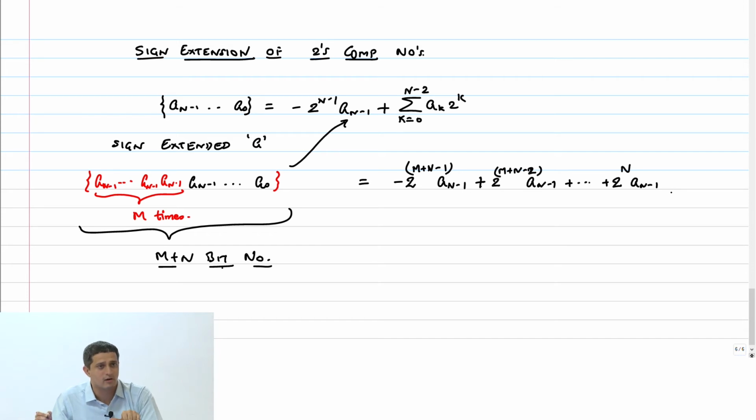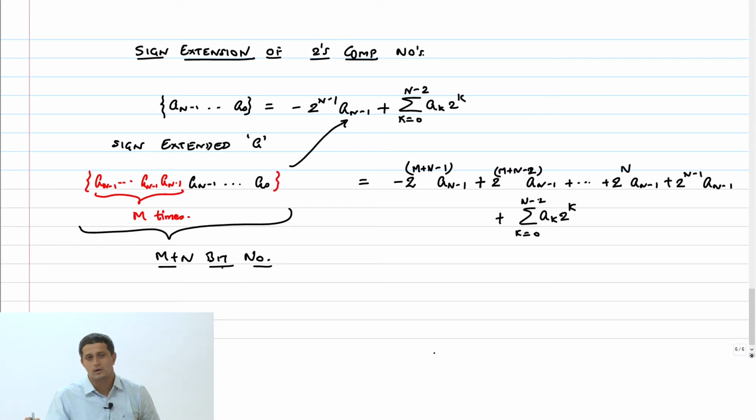This is my sign extended value. Plus the remaining part: a n minus 1 will get multiplied by plus 2 power n minus 1 now, plus 2 power n minus 1 a n minus 1, plus summation k equal to 0 to n minus 2 a k 2 power k.